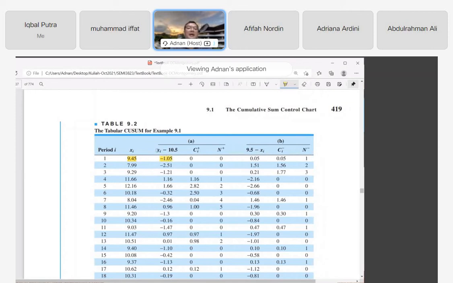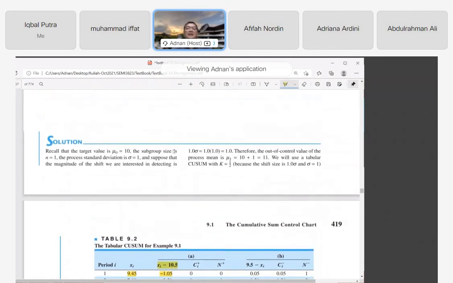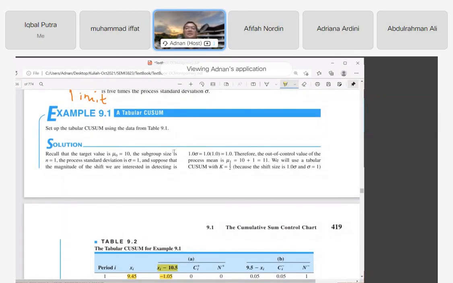Now xi minus 10.5. Why 10.5, not 10? Earlier we said it was 10. This is because we have adjusted here. You see here, in this process, our target is 10. Subgroup size is 1, we are taking only individual values. Standard deviation for the process is 1.